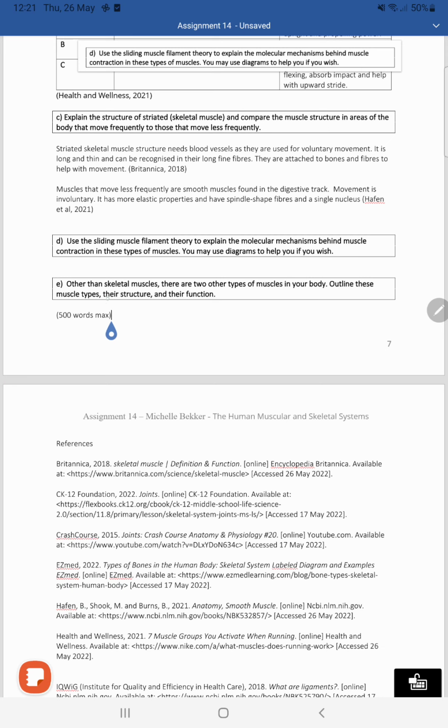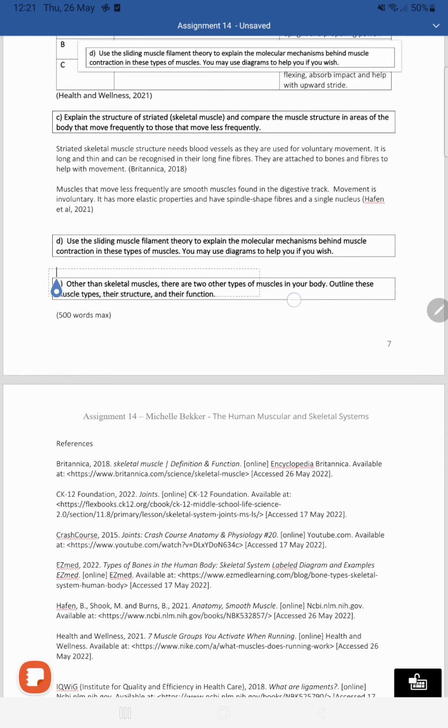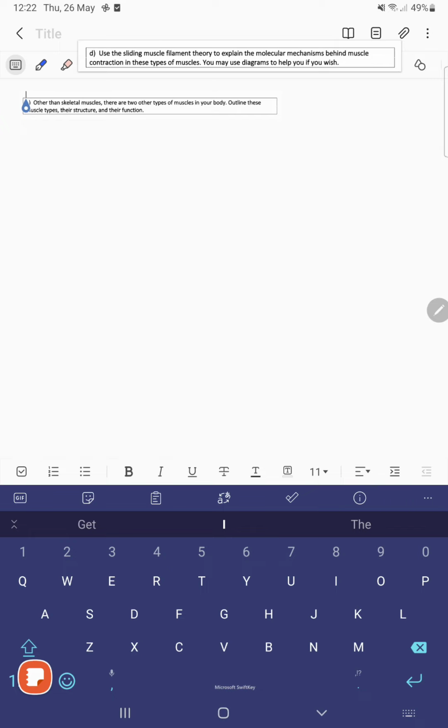I'm not quite sure how that works. I managed it earlier, so let's do it again. Smart select. There we are. Samsung Notes. Add to new note. There we go. So, other than skeletal muscles, there are 2 types of muscles in your body, outlining these muscle types, their structure and their functions.